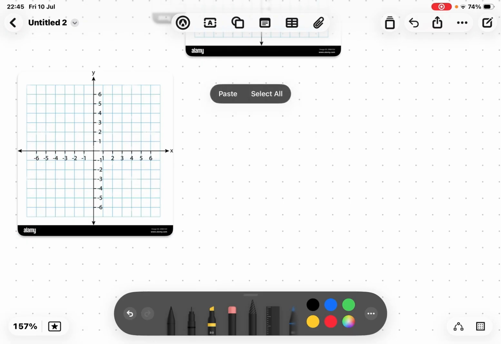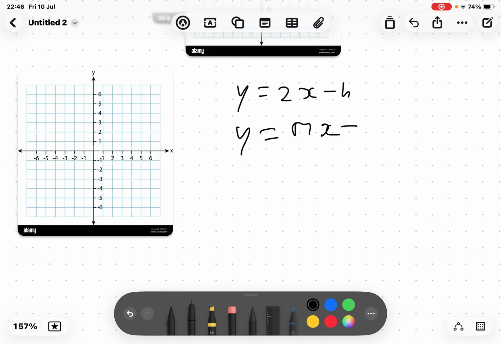Let's say we have to put this equation on the graph, right? This is the slope form. And we know from this it gives us everything. It gives us the gradient too, and it gives us the y-intercept, -4. So let's put the y-intercept straight away here. And you might think, okay, what does the gradient actually do?